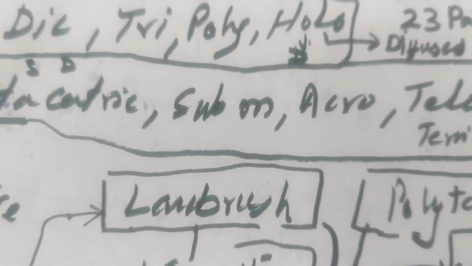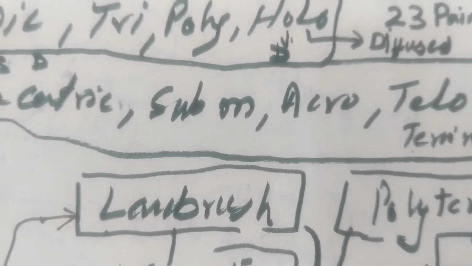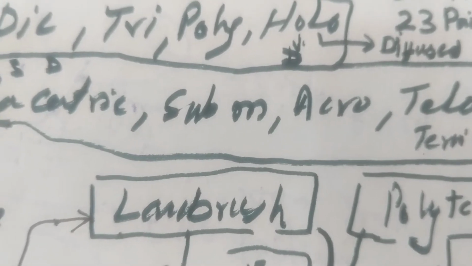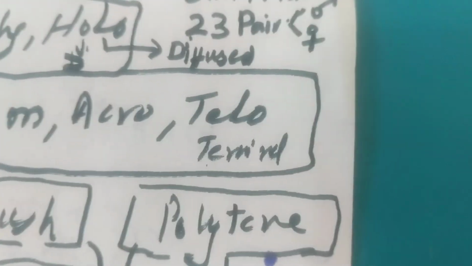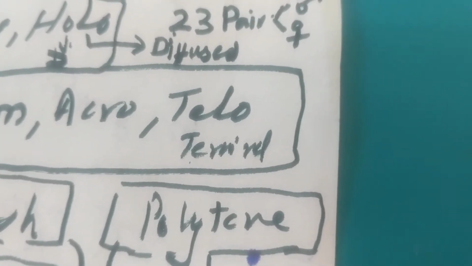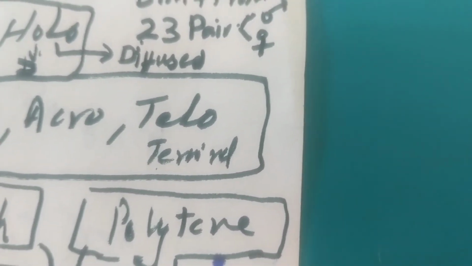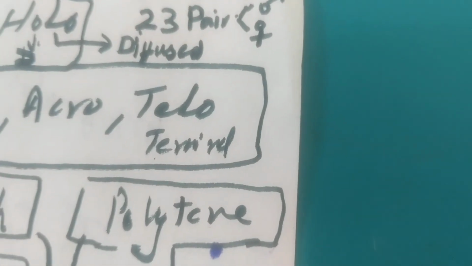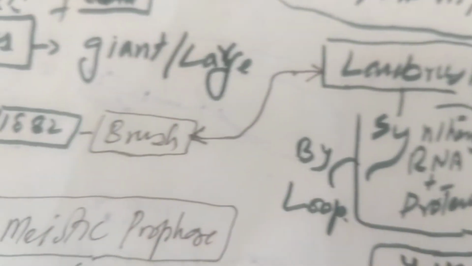Then submetacentric, where the centromere is near the center and it is J-shaped or L-shaped, you can say. Its two arms are unequal, one long and one short. Then acrocentric, with the centromere near an end. Then telocentric, where the centromere is at the end and no other arm is found, also called a terminal chromosome.